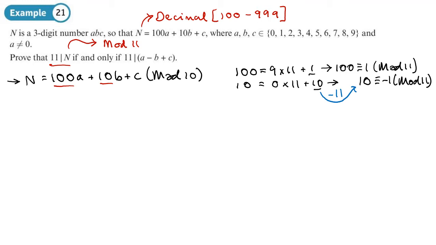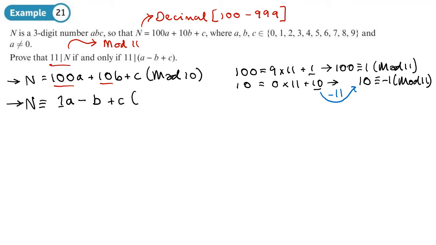So now that we've changed n to a mod 11 number, n is actually congruent to, let's see, a is 1, 100 is 1, so that's 1a, I'll write that out like that. 10 is congruent to -1, so negative b plus c.